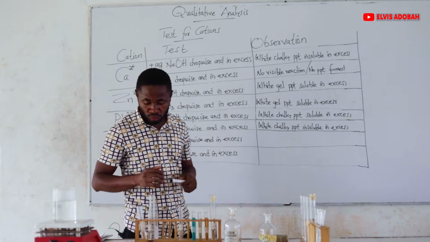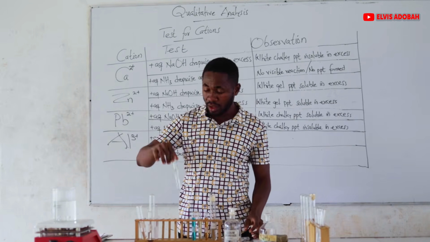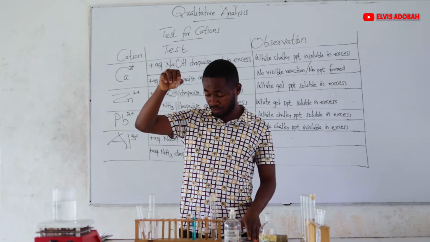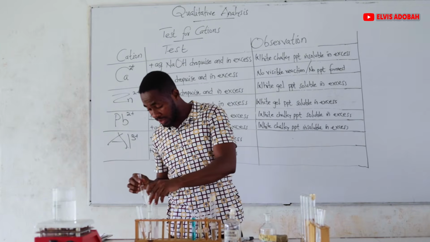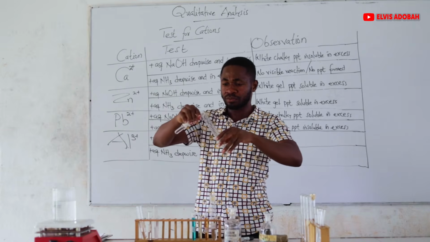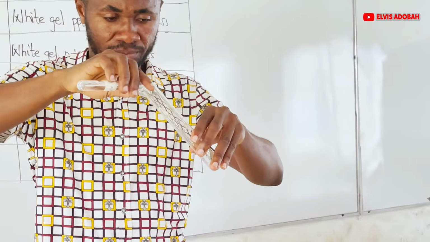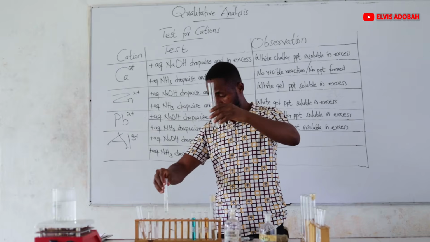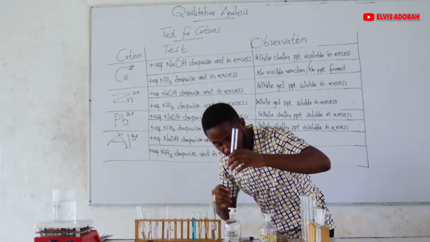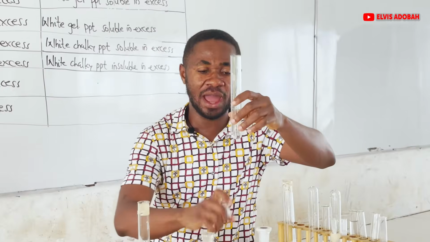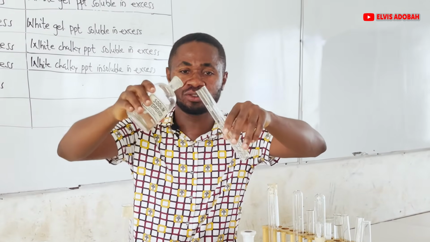Then we move on to aluminium. We take a small sample of our aluminium. Then we add our aqueous sodium hydroxide dropwise.